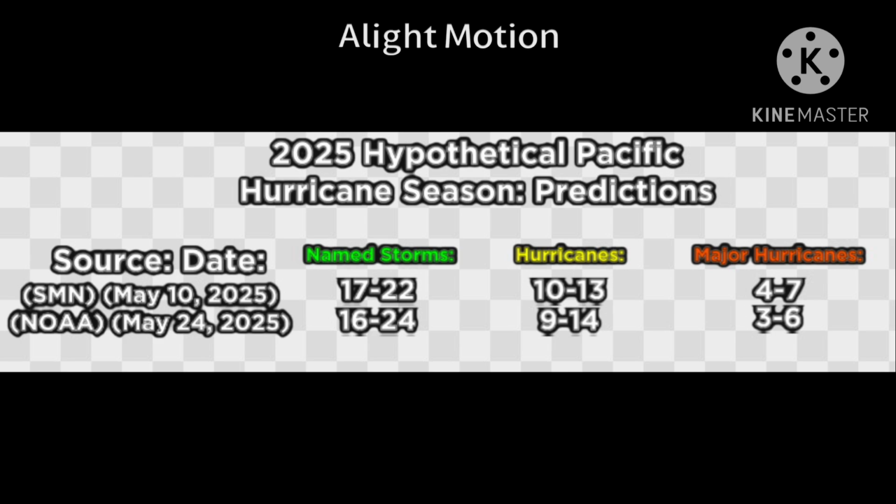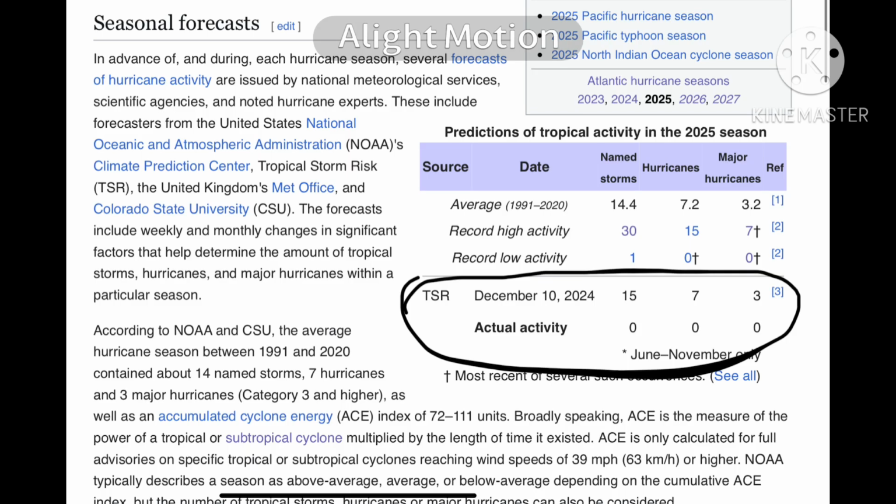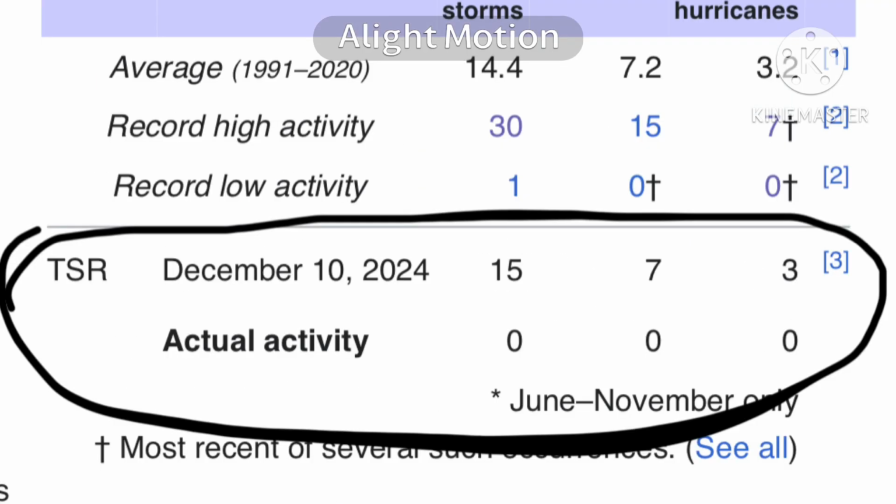Meanwhile, in the eastern Pacific, an above-average hurricane season is expected, mainly because of the El Nino and the above-average sea surface temperatures. For a quick disclaimer, I do not think of myself as a meteorologist, and I don't really know much about the favorable and unfavorable conditions of hurricane development. I am just someone who makes hypothetical storm stuff for fun, and this is just an indirect teaser of what I am planning for my hypothetical hurricane seasons. There is already an actual prediction for the actual 2025 Atlantic hurricane season.